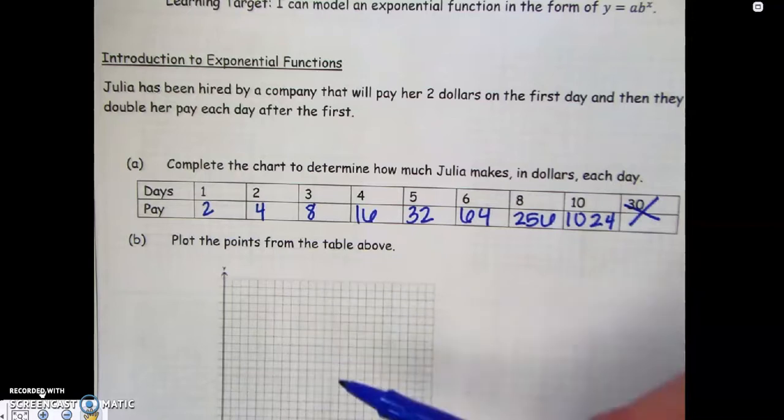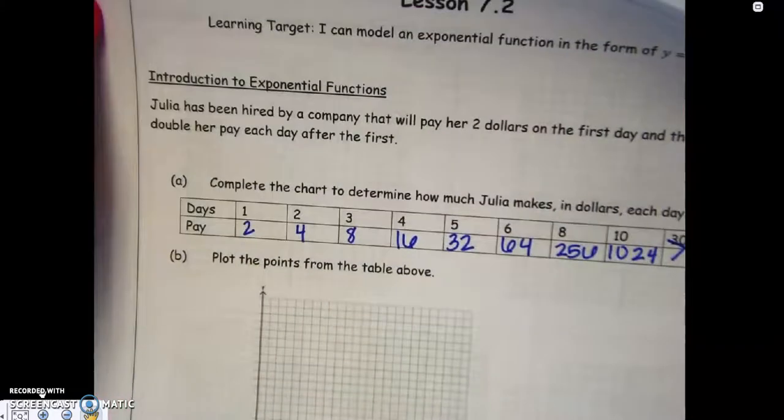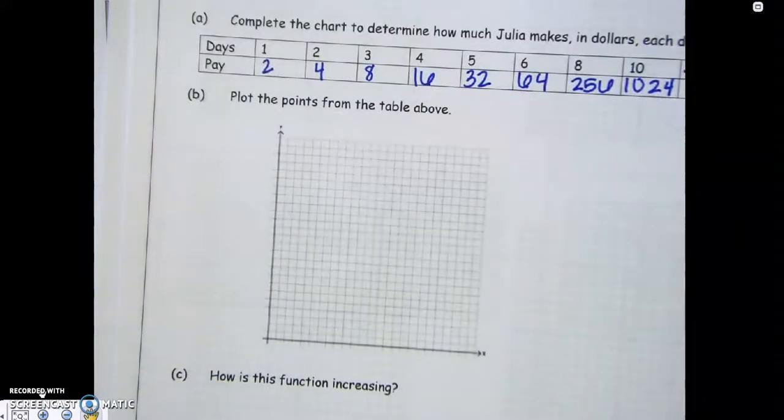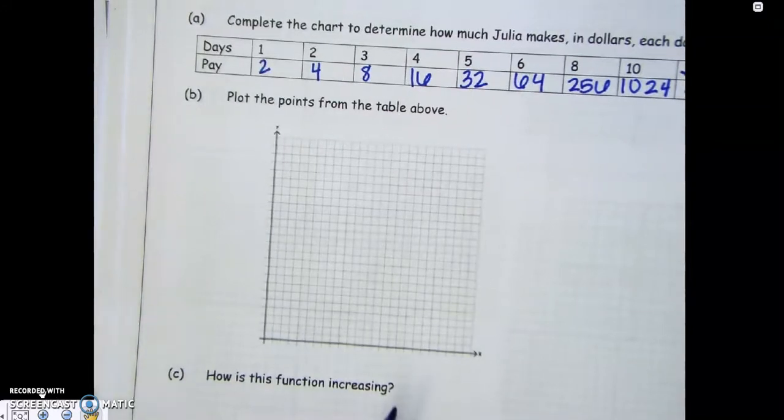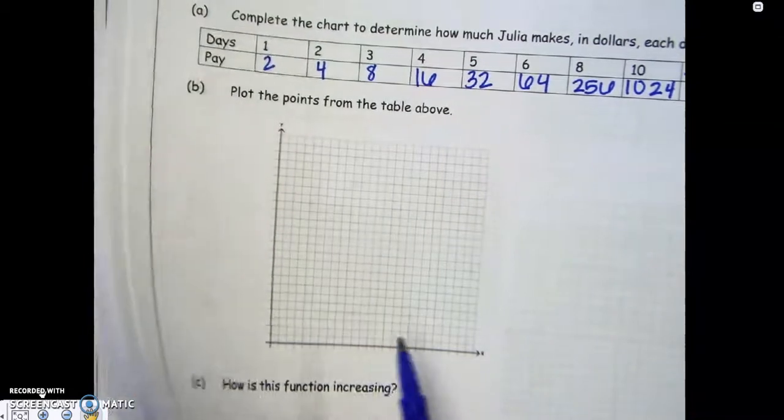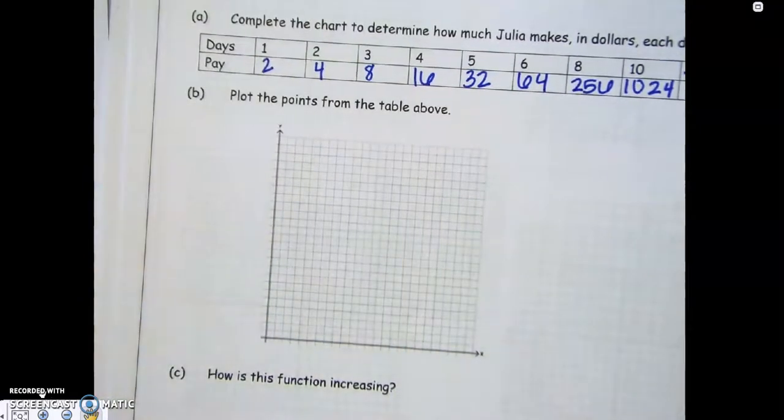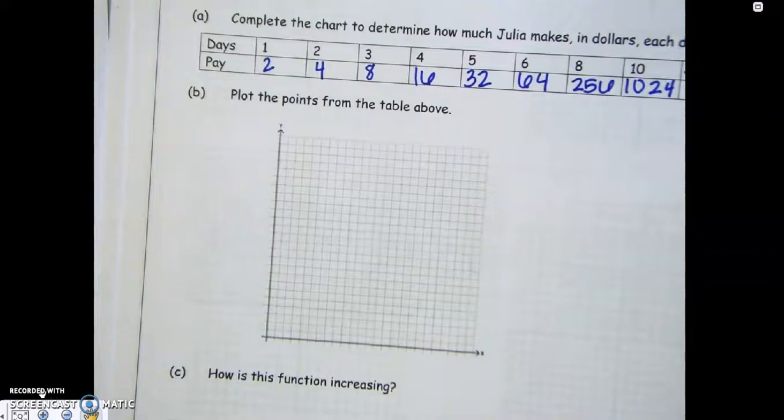So let's graph this real quick. You'll see that this graph doesn't have any numbers on it, so we'll first label it. On the bottom, I'll go by ones all the way up to 10.